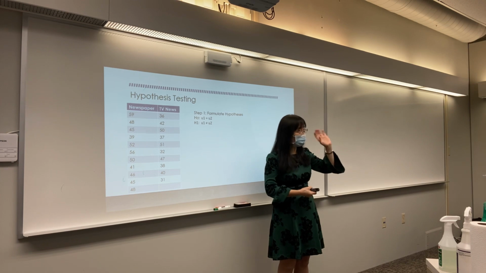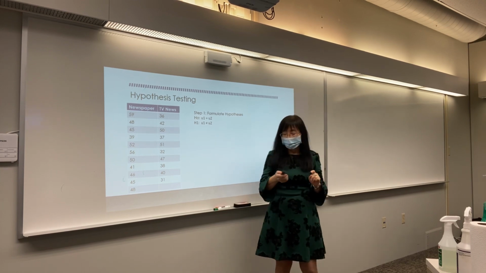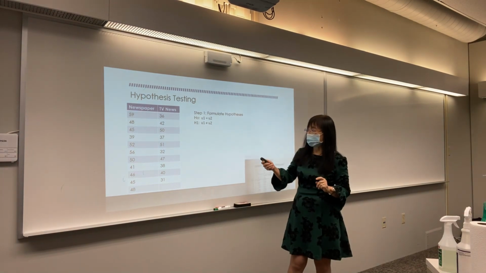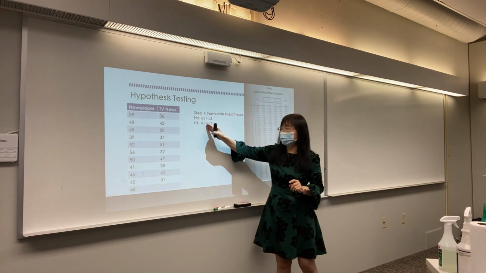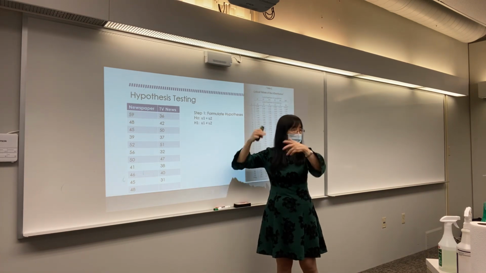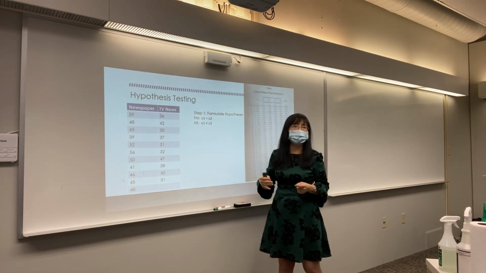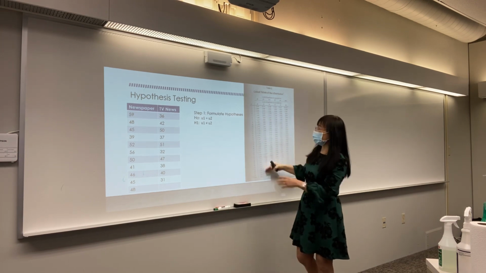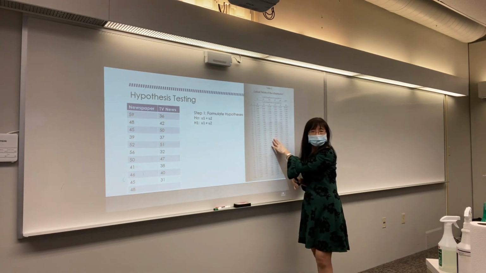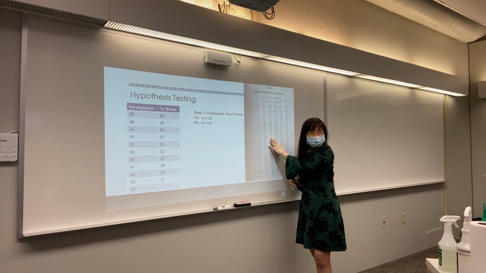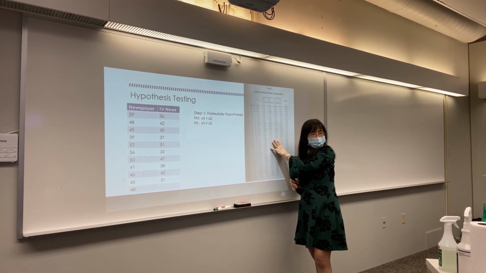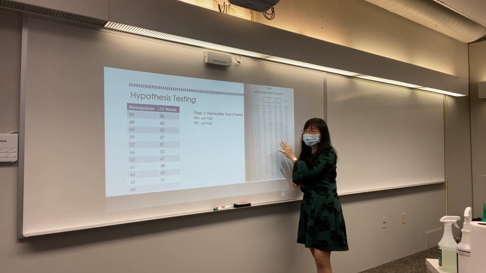That's why you always use mu. If it is greater or less, that's another story we will talk about when we get to your turn. And we still use the same table. Do you still love this friend? We still use this table.